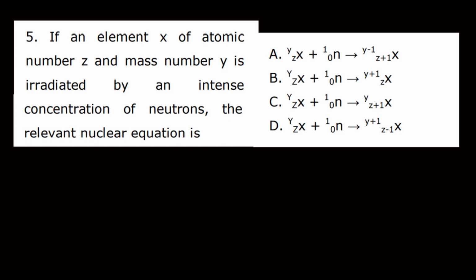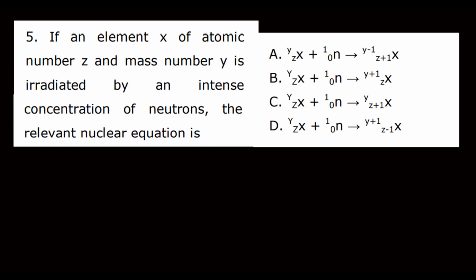Now, to know the correct nuclear equation, we use the mass numbers and the atomic numbers to balance our equations. In other words, we don't balance atoms like chemical equations, because in nuclear reactions, atoms are destroyed and new atoms are formed, right?